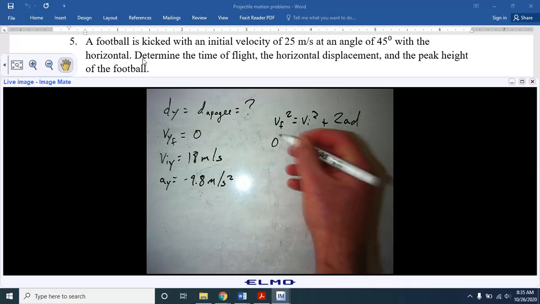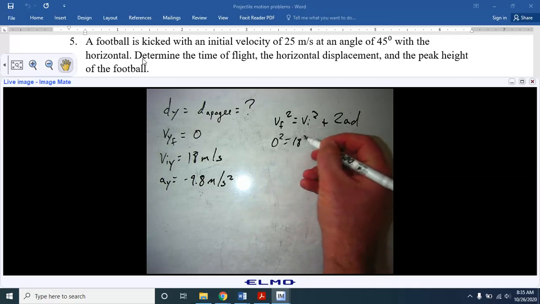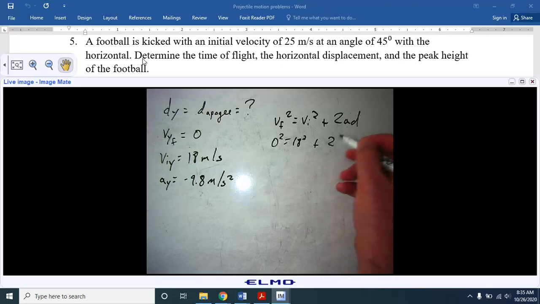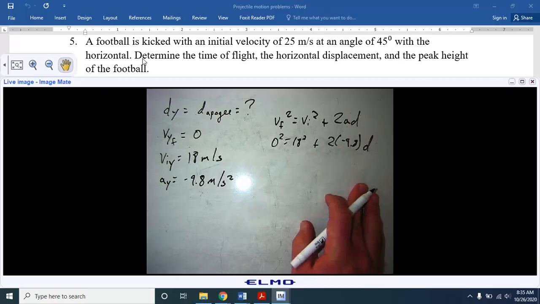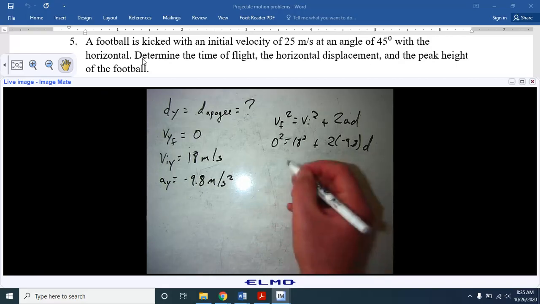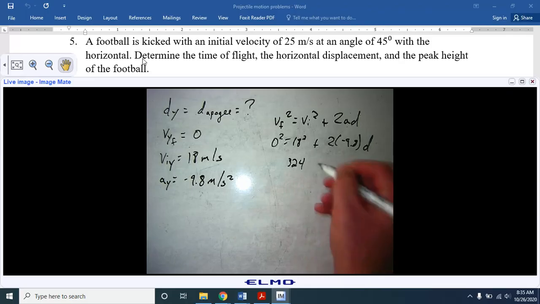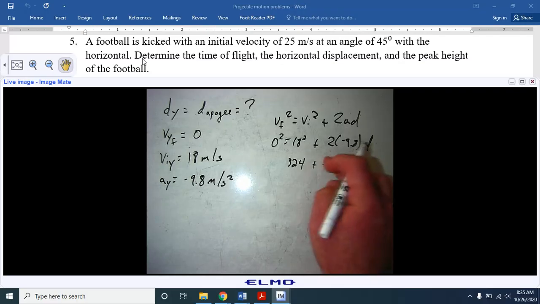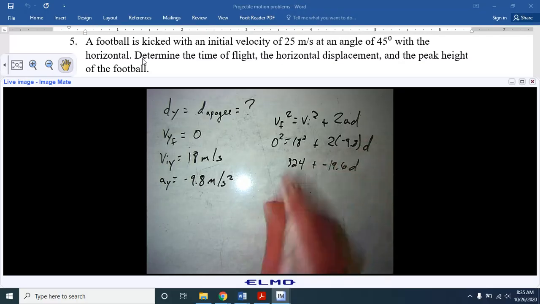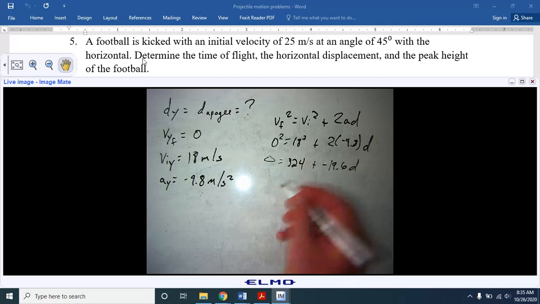This is the first. So 0 squared equals 18 squared plus 2 times negative 9.8 times d. 18 squared is 324 plus negative 19.6 d equals 0.